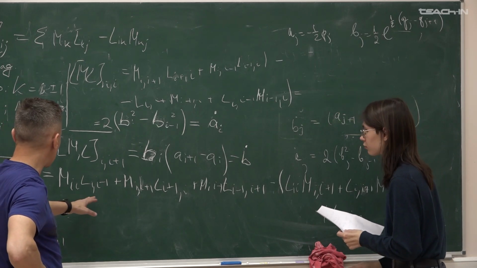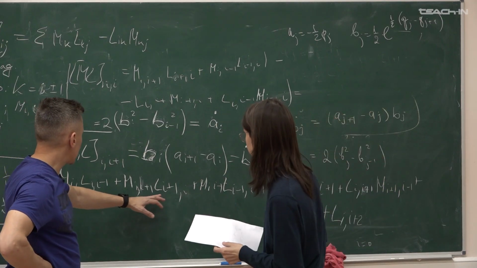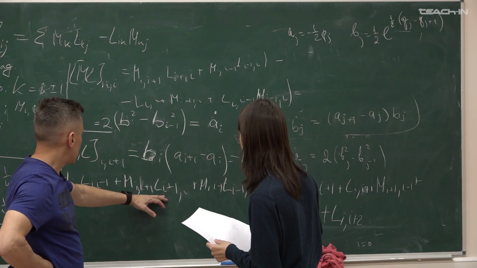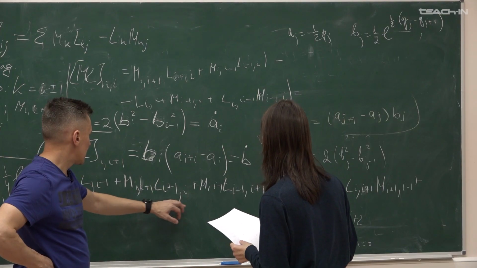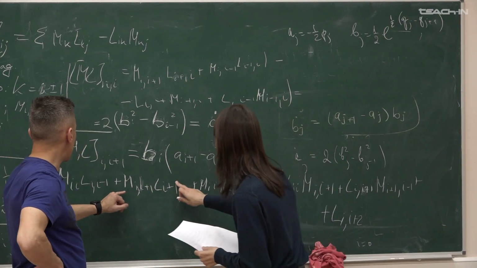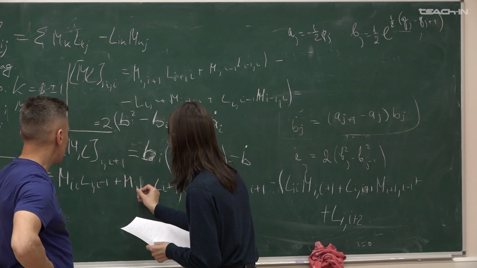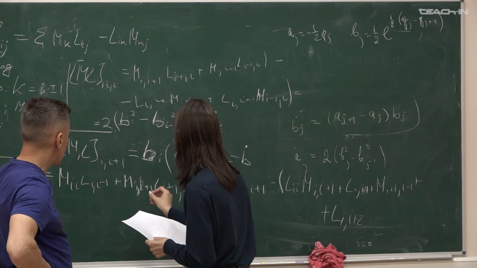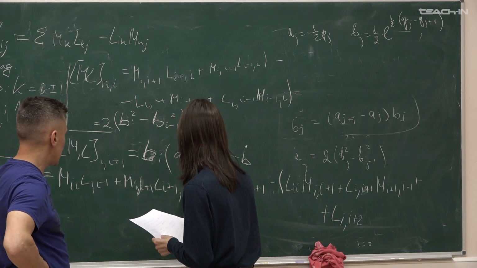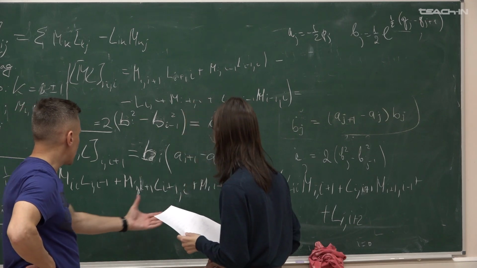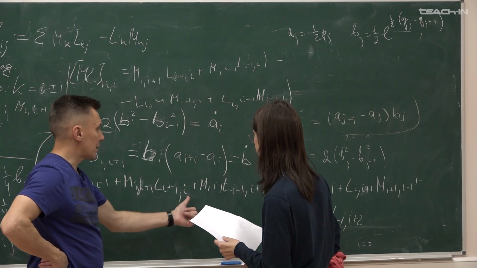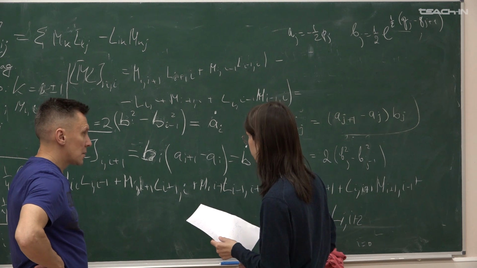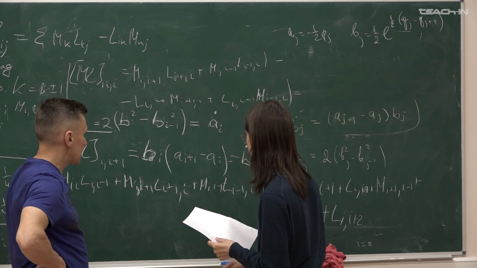No, I'm sorry, it's a little bit strange here. No, you get the I here. I plus one, yes, I plus one I. As a product, you get some I element.